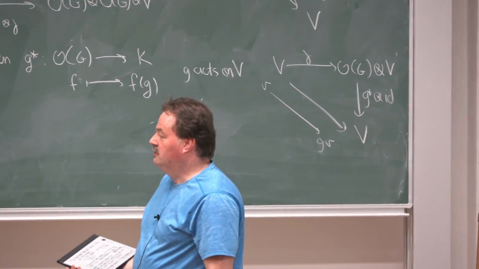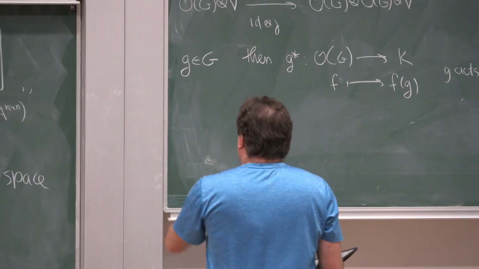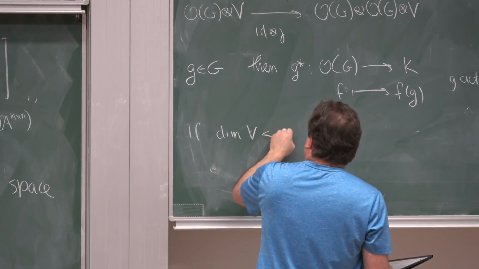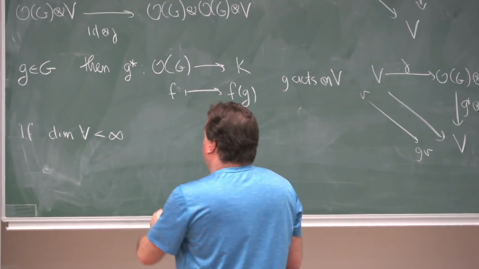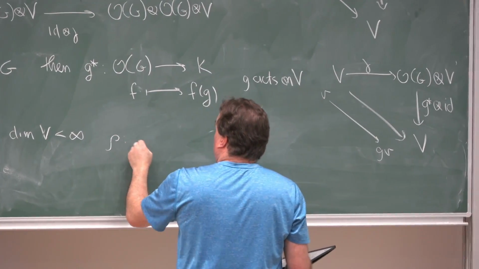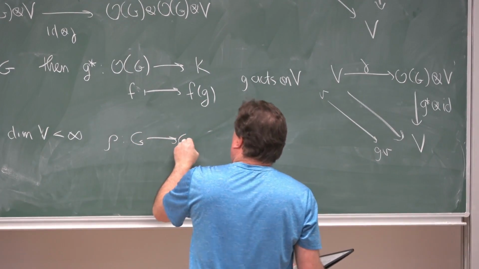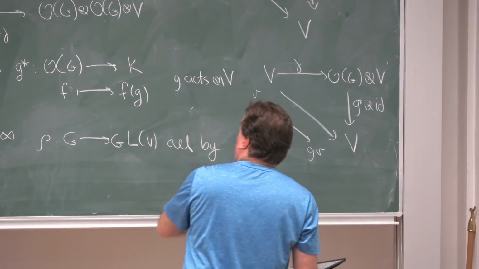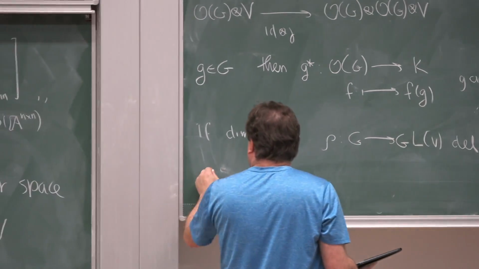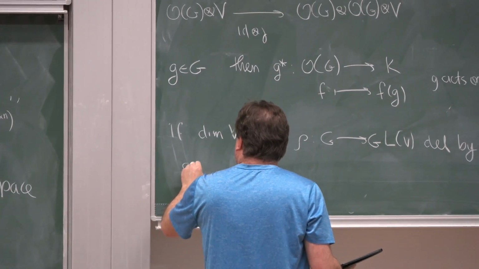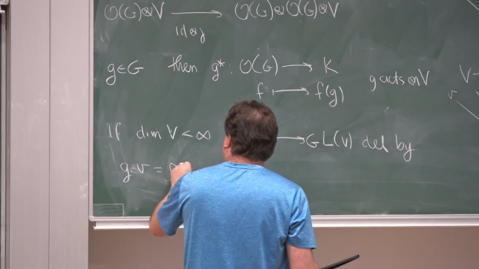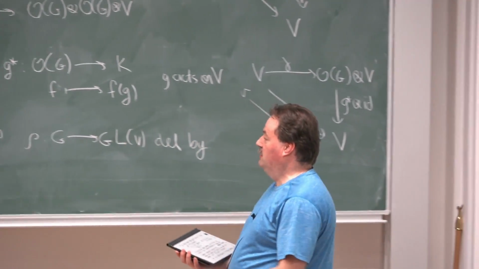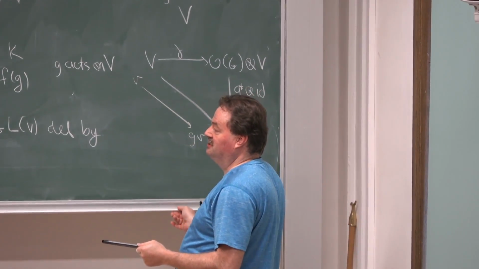Now, if the dimension of V is finite, then we can also define rho going from G to GL(V). We can define it by: G acting on V is the same as rho(g) times v, right? So rho(g) is sort of the matrix with which g acts.